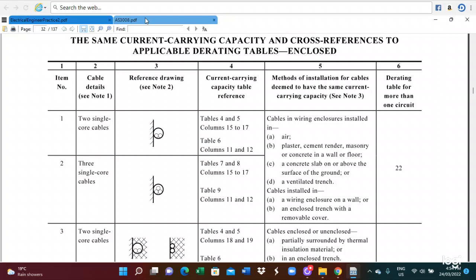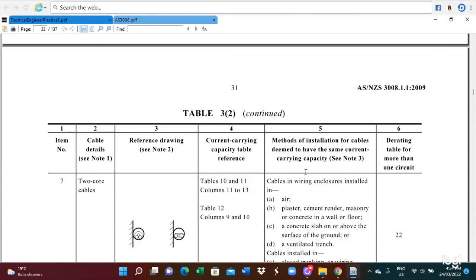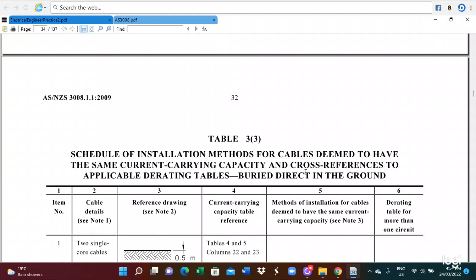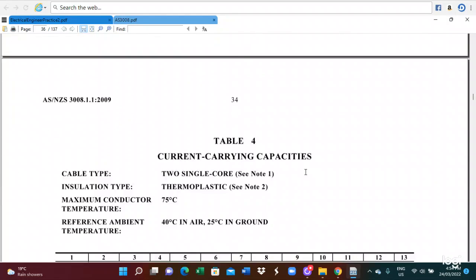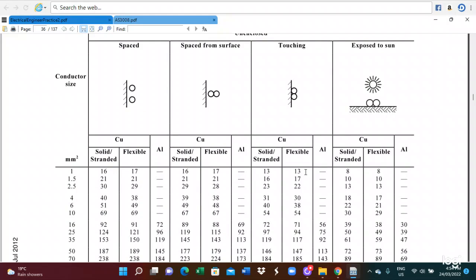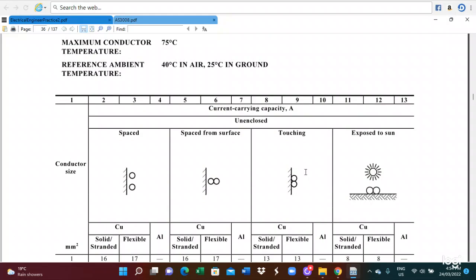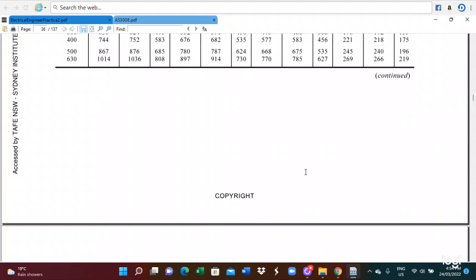We look at table number 4, columns 15 to 17.